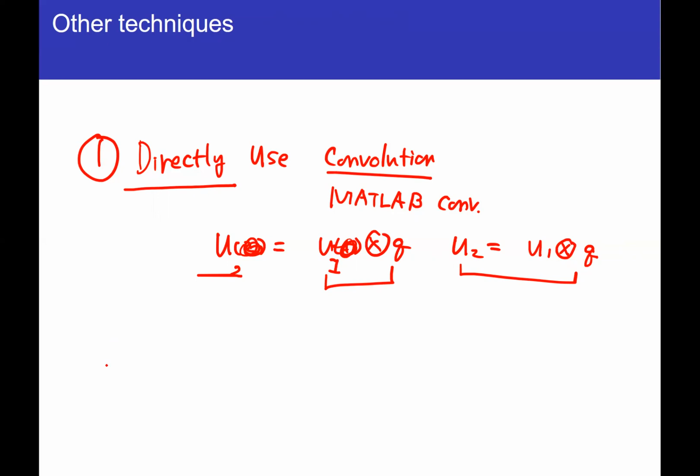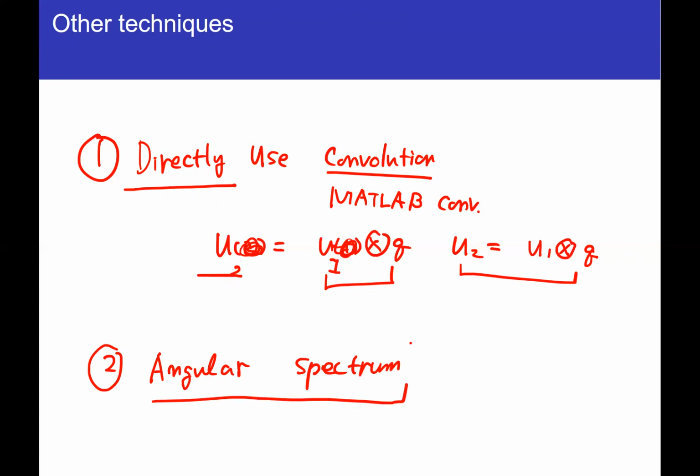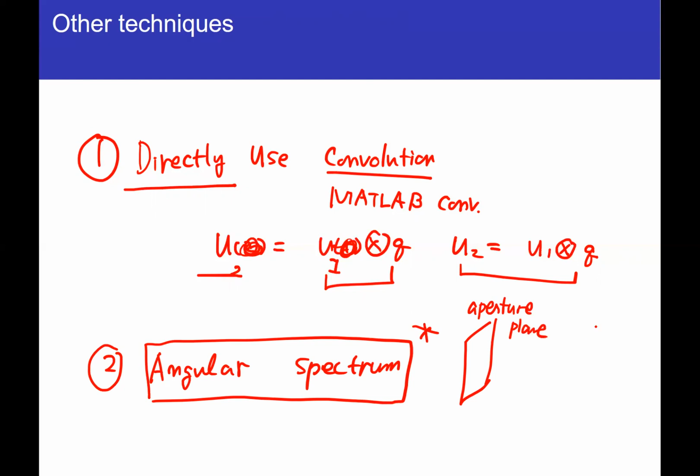That is one method, and the other method is the angular spectrum method. In fact, the angular spectrum method is quite useful when you have an aperture plane and it is not parallel.